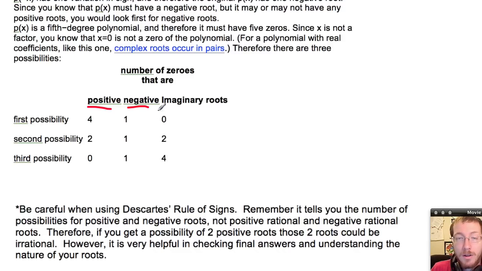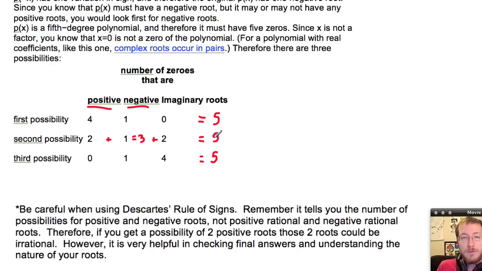That would explode brains. So imaginary roots are whatever's left over to make sure that we have 5 total roots. So 4 and 1 is already 5. If there's 4 positive roots, then there can't be any imaginaries. But if there's only 2 positive roots, 2 and 1 makes 3, so we need 2 more roots to get to 5, because remember, these always have to add up to 5.